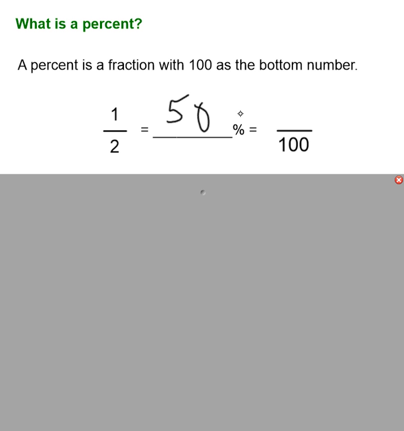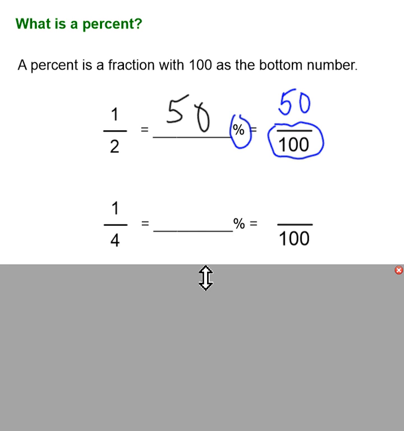And then that symbol, the percent symbol, really means out of 100, so that means that 50% is really 50 out of 100. So you probably also know that a quarter is 25%, so 1/4 is 25%, and that means that's 25 out of 100.